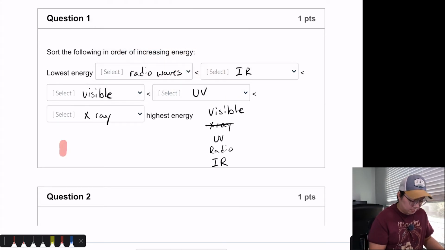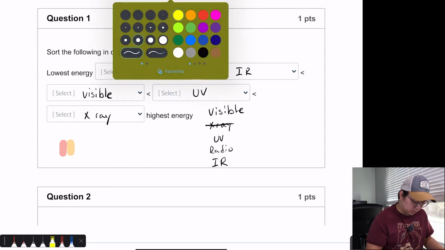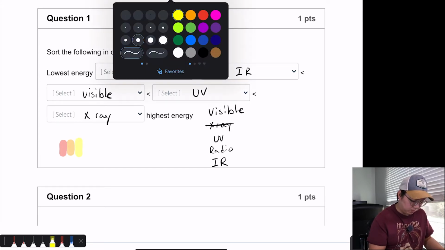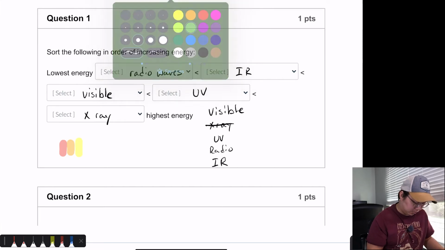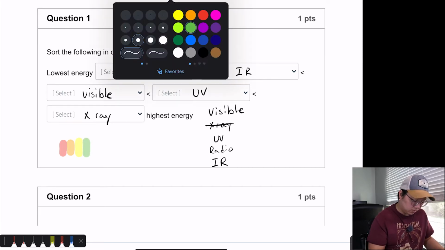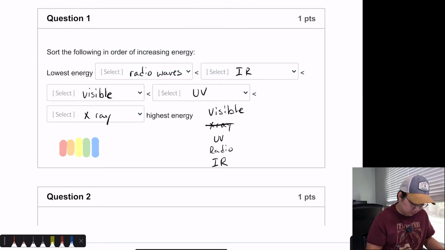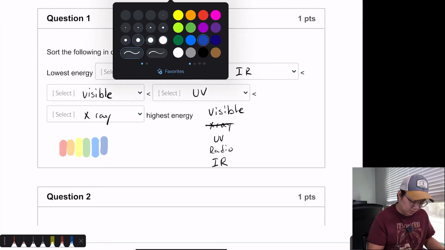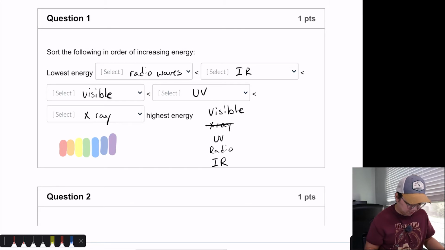So we have red light, and then orange, yellow, right, Roy G. Biv, green, blue, indigo, like that, and then violet. Maybe this is more of a violet.